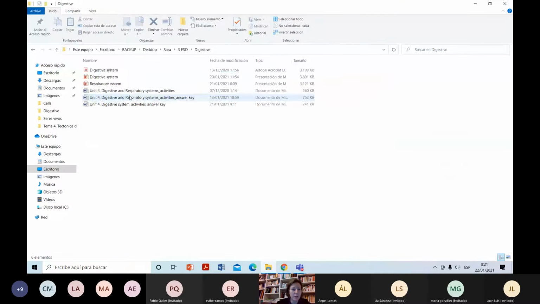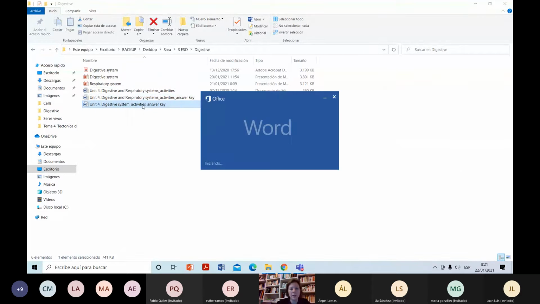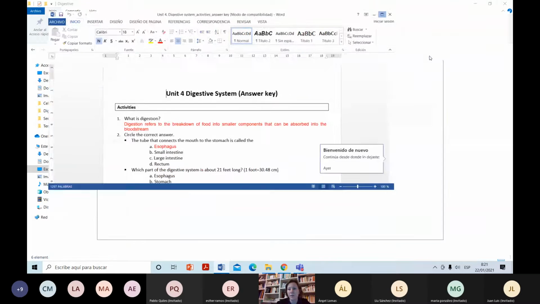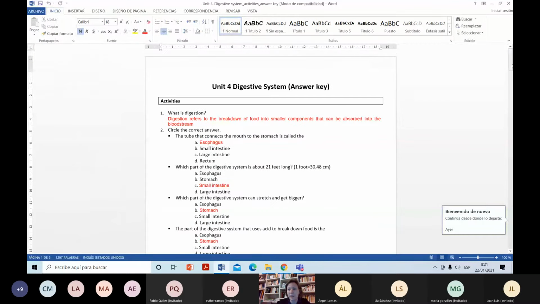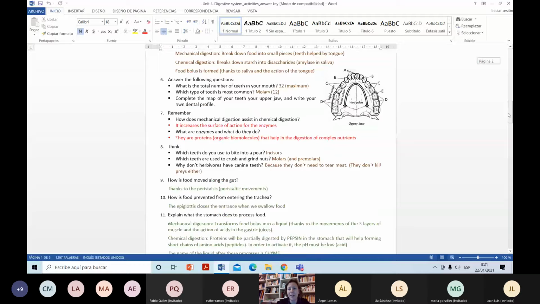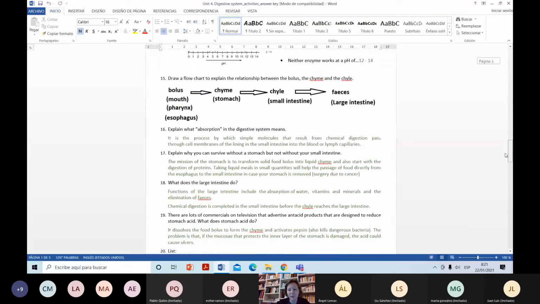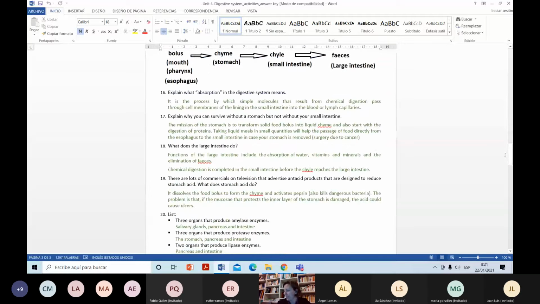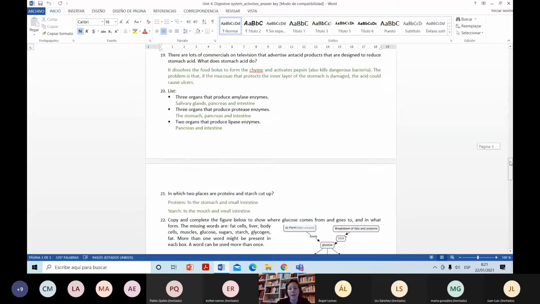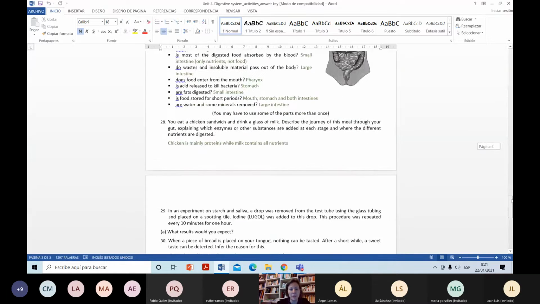As I told you, we had to correct this activity, the one on the digestion of the chicken sandwich and a glass of milk, of course. Do I have any volunteer that wants to tell me just the path that this sandwich is following?